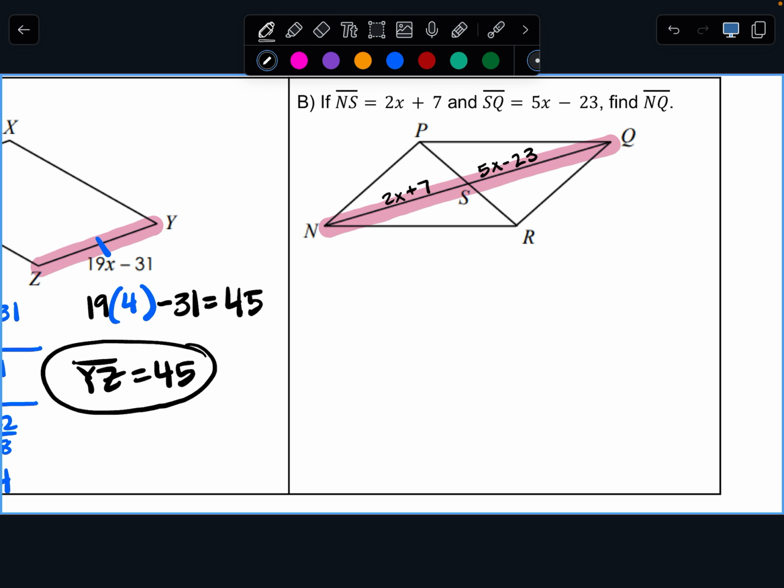Diagonals in a parallelogram bisect each other, so that means that they are equal on either side, where they split in half. It's splitting them perfectly in half, so they are equal to each other. So let me put my little markers here that these are congruent and set up the equation.